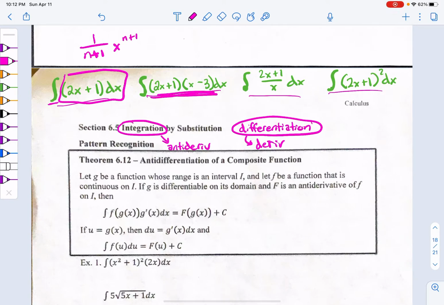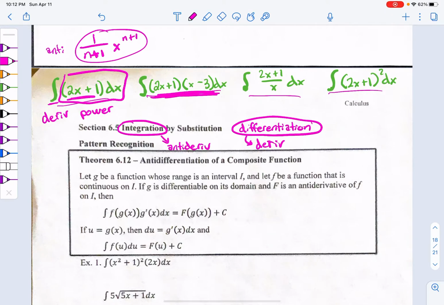This is technically a product, but for derivative, this would involve just the general power rule. So for antiderivative, we just do 1 over n plus 1 x to the n plus 1. That is the equivalent of the power rule for antiderivatives, okay?